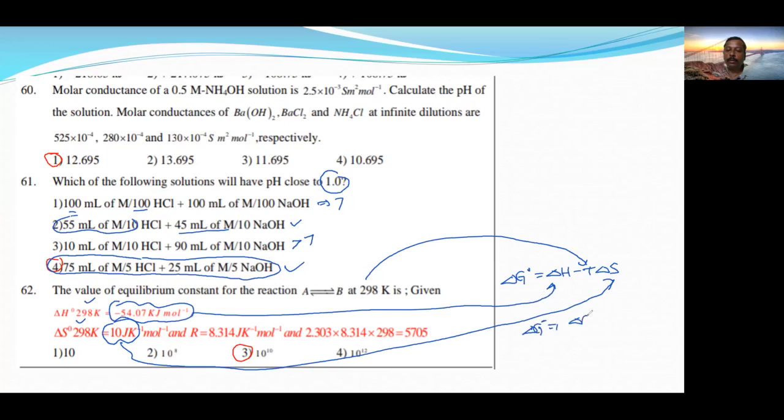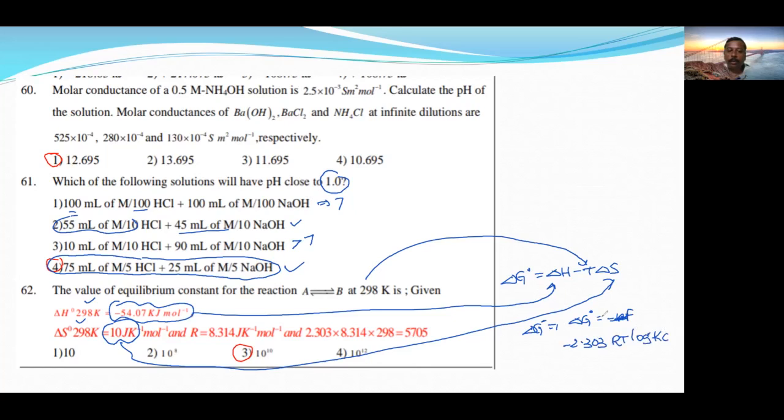Now delta G naught is equal to minus nFE, or otherwise you can write it directly in terms of the equilibrium constant: delta G naught is equal to minus 2.303 RT log Kc.